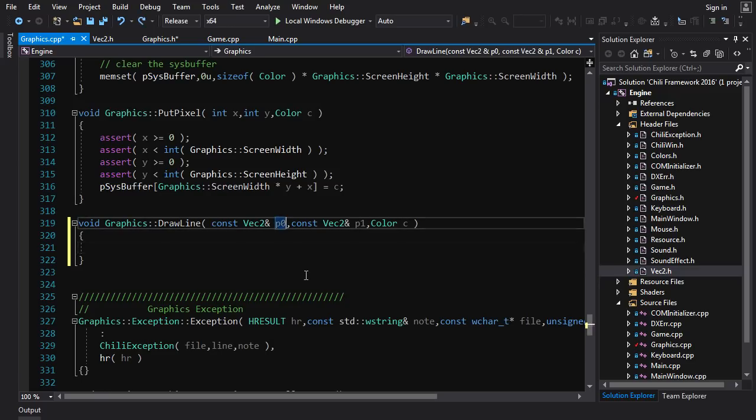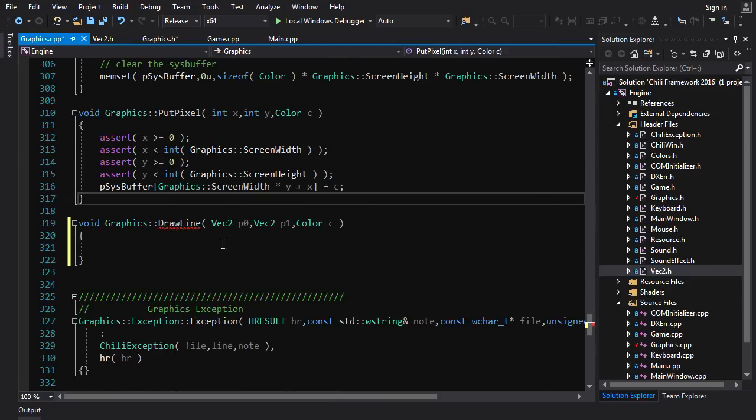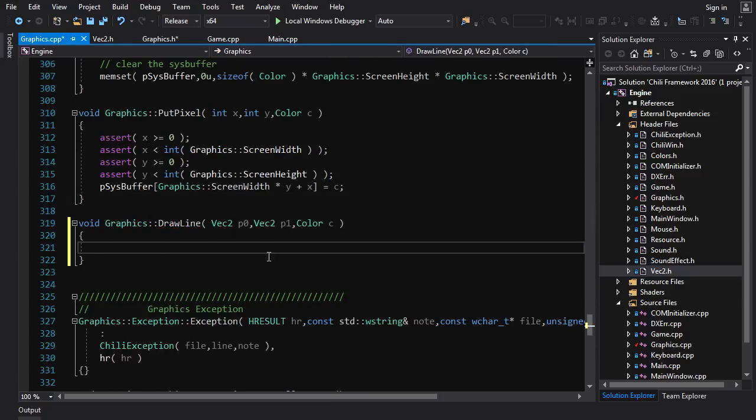So what we actually want to do is create temporaries of these two vectors. And if we're going to do that, we might as well just pass these in by value, if that's the game that we're going to be playing. So we'll just get rid of the const on these. Toggle header code, and we'll also get rid of it like that. That's great. All right, now you should be not angry anymore.